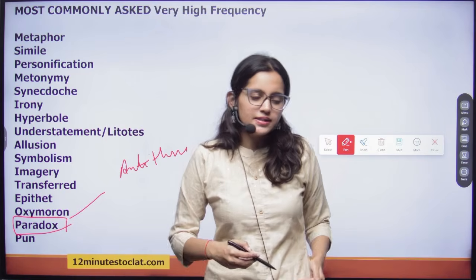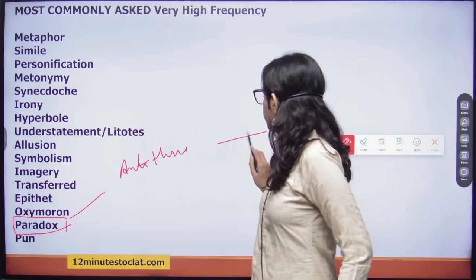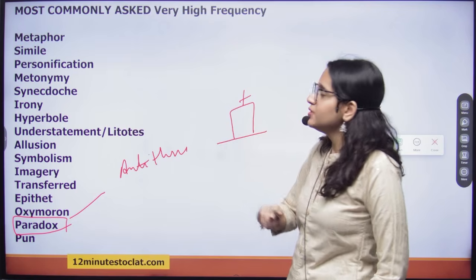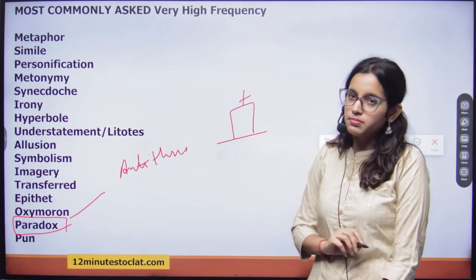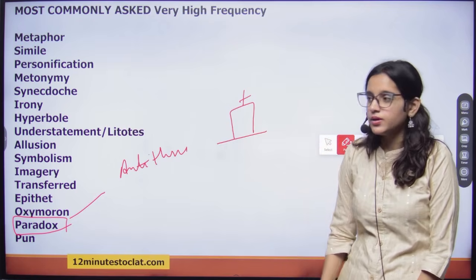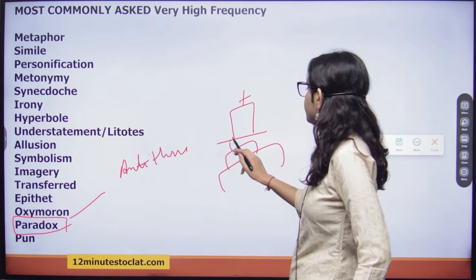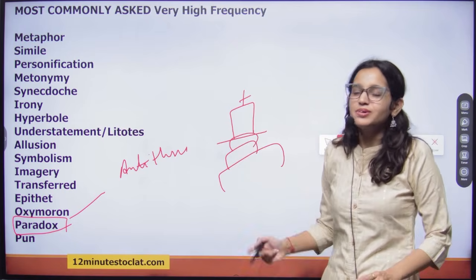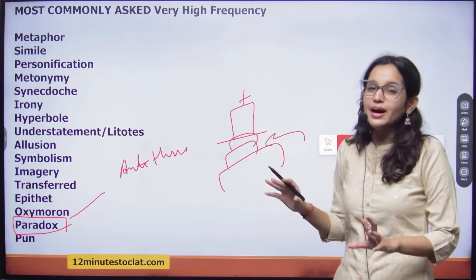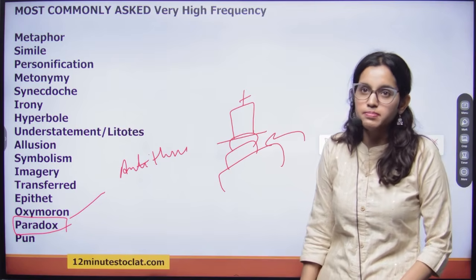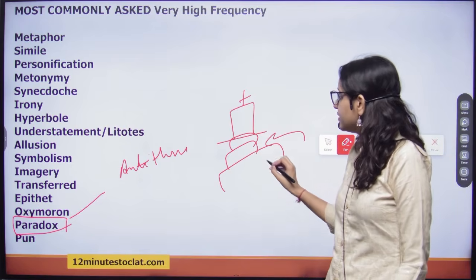Or I can say, let's say there is a physiotherapy center. Okay, there is a physiotherapy center for people who are suffering with knee pain, but the center itself is located at the third floor. Ma'am, what is this? Because if they have knee pain, how are they gonna climb the stairs?